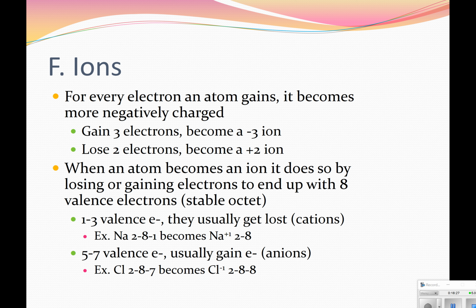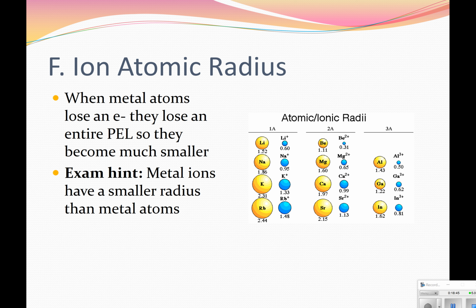Generally, if atoms have 5 to 7 valence electrons, they will try and gain electrons to become an anion to fill their valence shell. For example, chlorine, with its configuration of 2,8,7, likes to gain 1 electron to fill its valence shell and have a stable octet, which would make it a -1 ion.